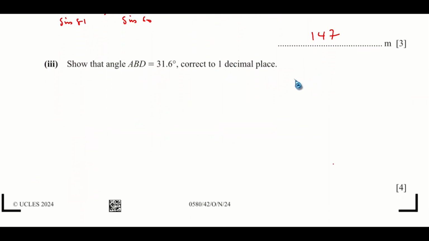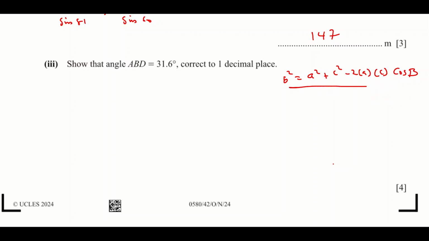Sorry, if I'm looking for a side, I'll just write b squared equals a squared plus c squared minus 2 into a into c, then cos B. From here I can make cos B the subject of the formula.